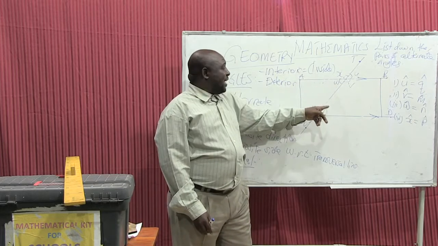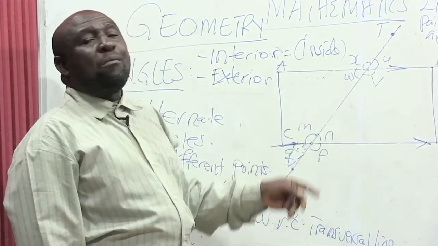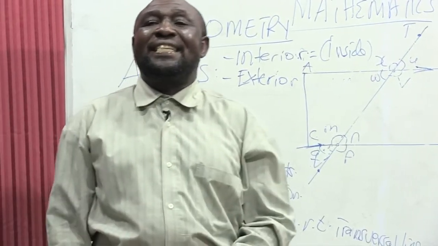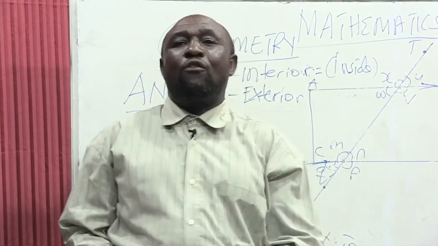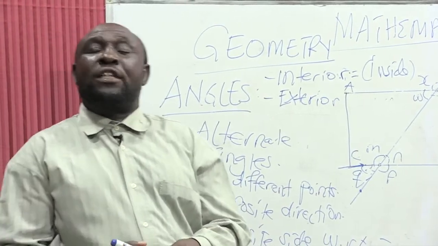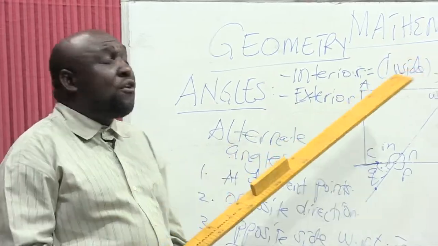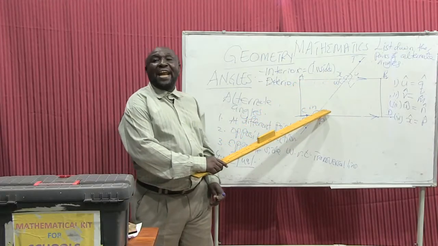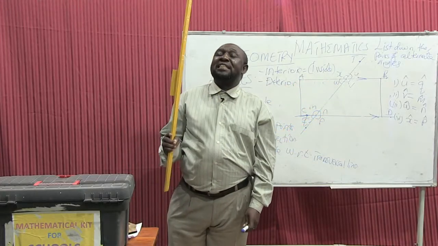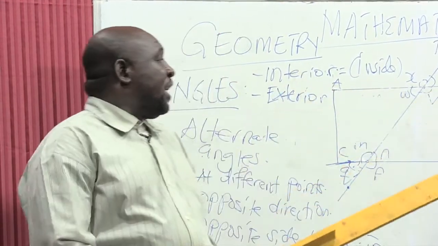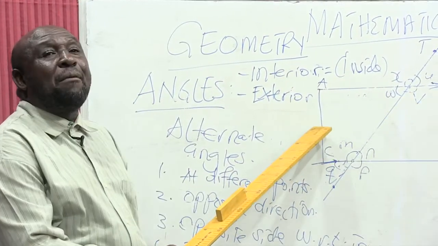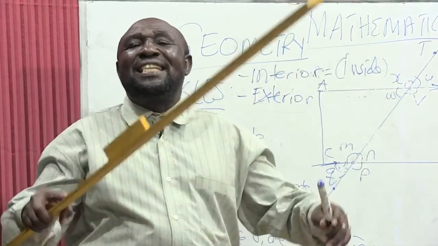So again, V and the M are alternating interior angles. Angle V and angle M are alternate interior angles. Angle W and angle N are alternate interior angles.